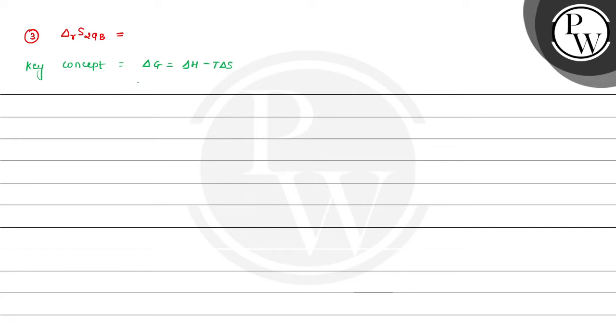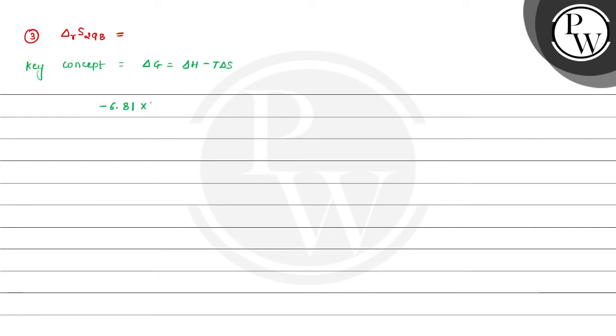Here del G, we already calculated, is equal to minus 6.81. Now this del G, the Gibbs free energy change, is in kilocalorie per mole.